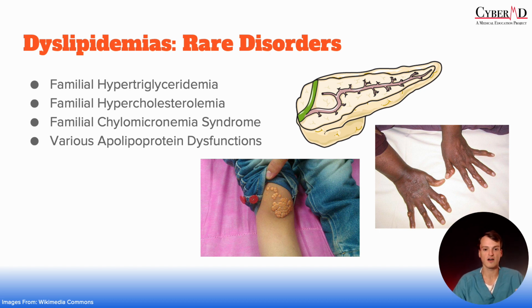It's typically caused by genetic defects that affect the body's ability to break down triglycerides. So patients with this condition are at an increased risk of pancreatitis, especially when those triglyceride levels are in excess of 1,000 milligrams per deciliter. And then management is going to focus on dietary modifications, weight loss, and medication to lower the triglyceride levels.